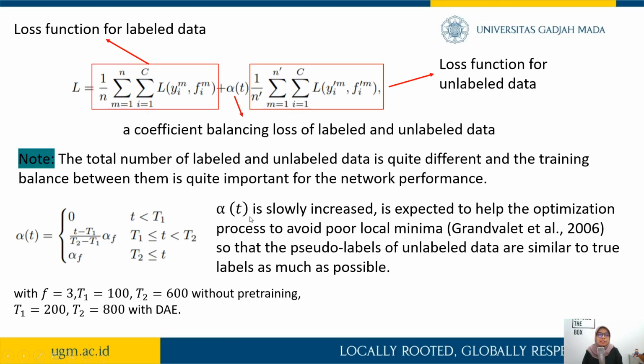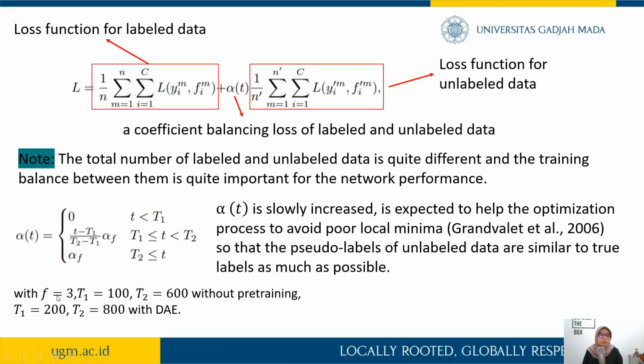It cannot be too small or too large. So alpha_t is slowly increased, which is expected to help the optimization process avoid poor local minima, so that the pseudo labels of unlabeled data are as similar to true labels as possible.